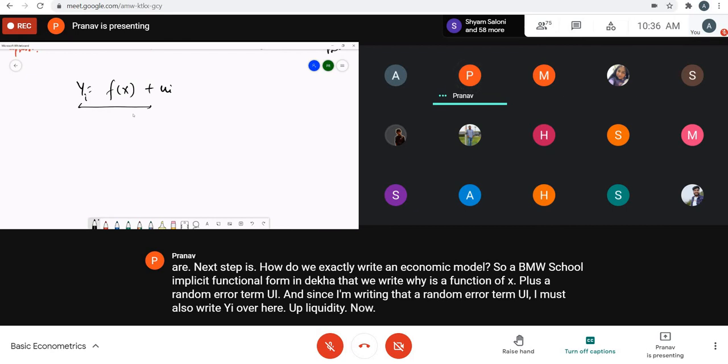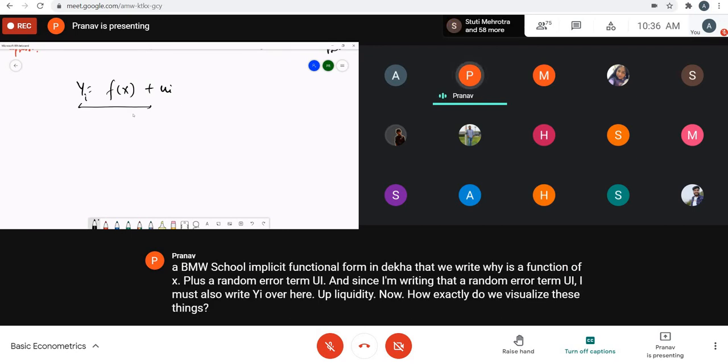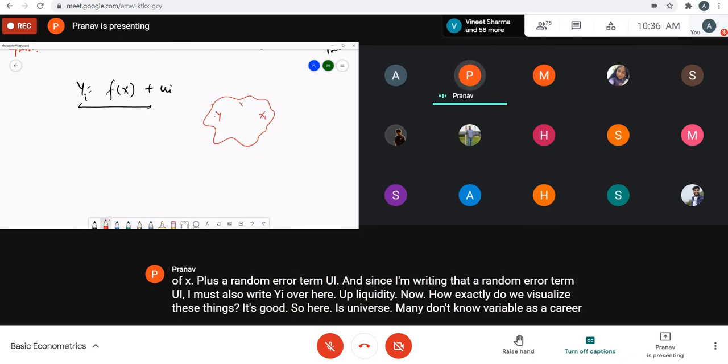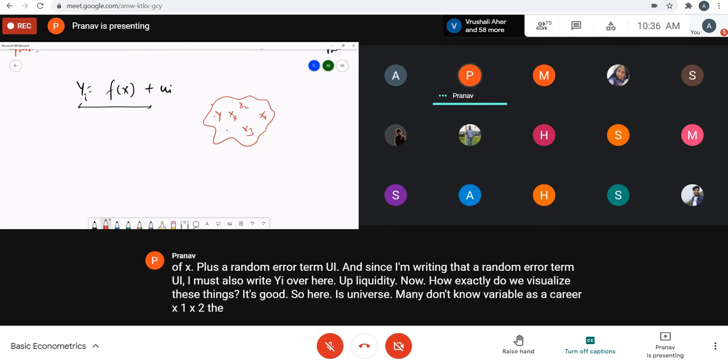Now, how exactly do we visualize these things? Let's see this first. So what do we have? There is a universe. In this universe, my variables are standing like this: y, x, x1, x2, x3, x4, x5, x6.